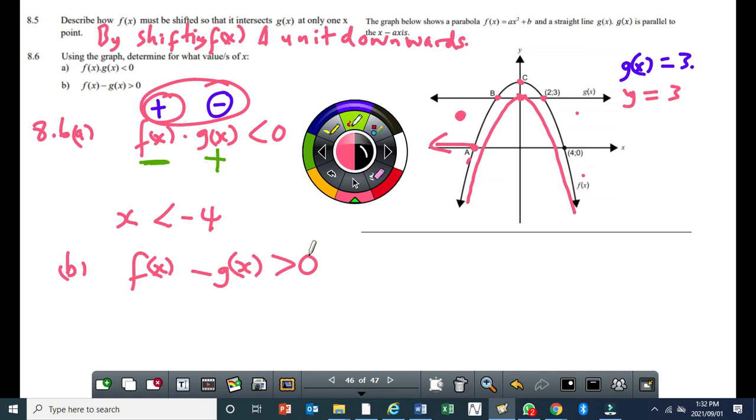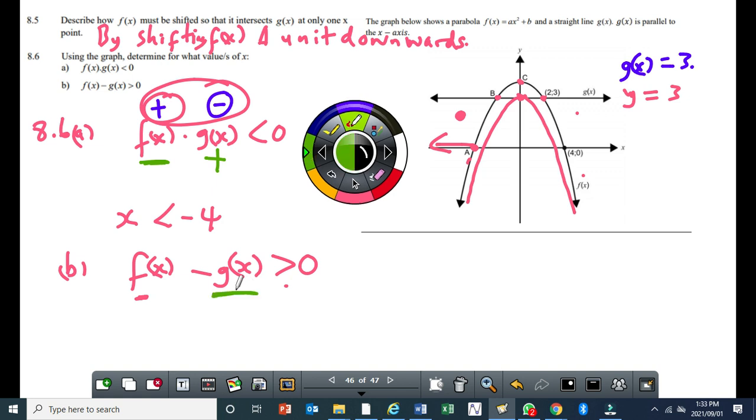Which means both must be positive or, in fact, both can be negative, but if you are to get a positive, it means that f of x has to have larger values of a negative, whilst g of x will have smaller values of a negative, which is not possible because g of x is always positive.